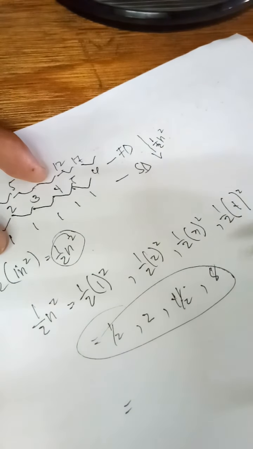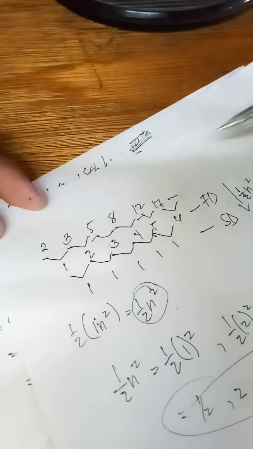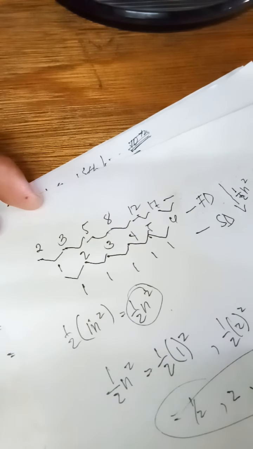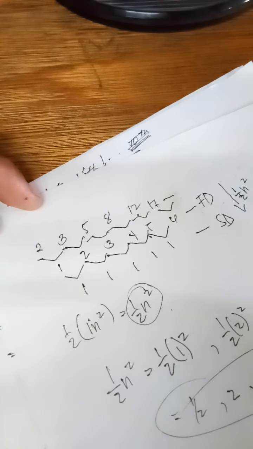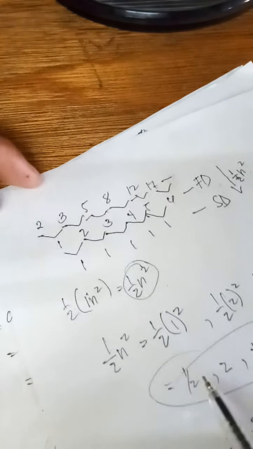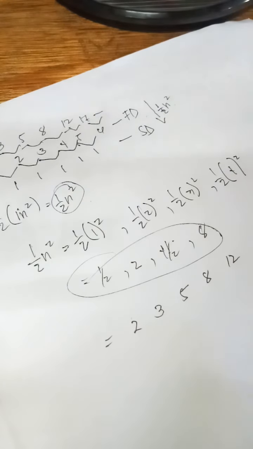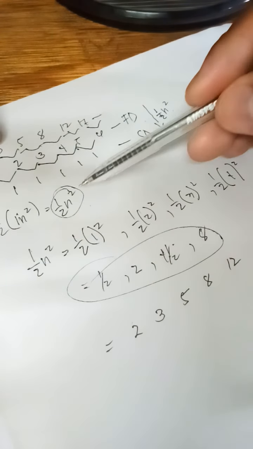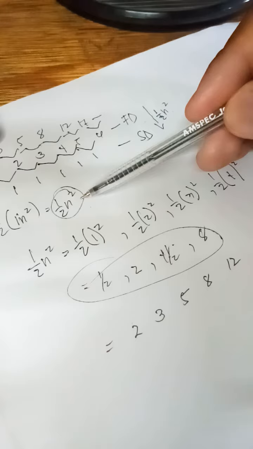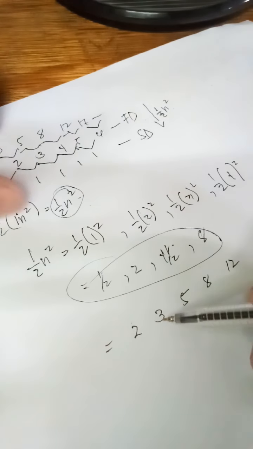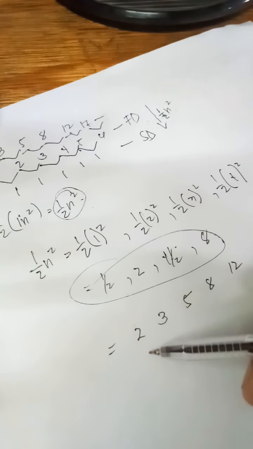So what we need to do, we're going to copy the original sequence. So we have 2, 3, 5, 8, and 12. Then isa-subtract po natin yung na-solve natin out from the first part of the formula. So ano yung nakuha natin na result?